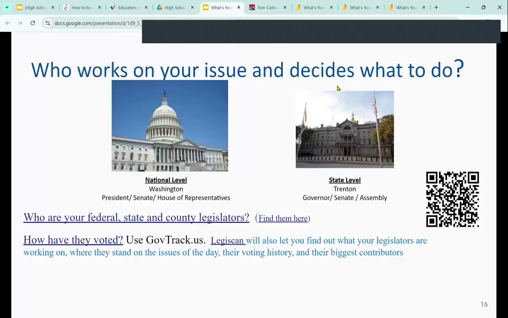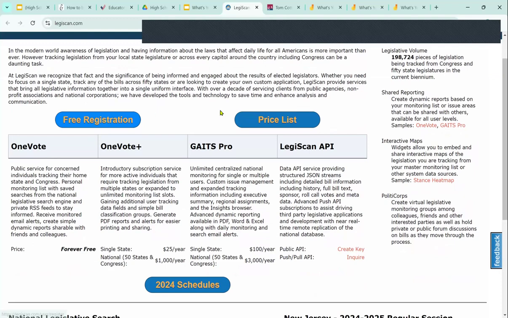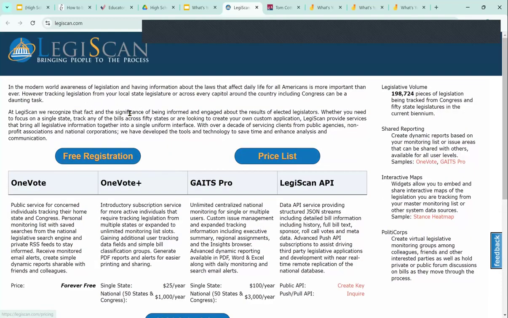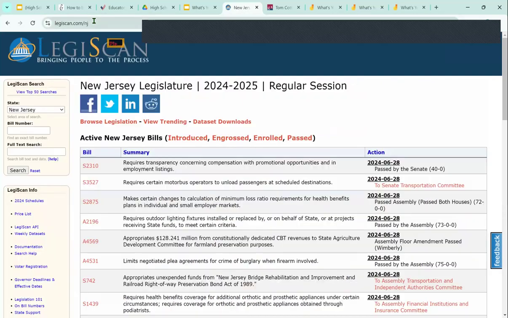And the other thing that you can do is go to Legiscan. And you don't need to pay anything for this. It's free. You can register for free. And then for your state, so Sarah Beth, I'm going to put in New Jersey just because that's where I am. When you put in legiscan.com and then your state, you can find a way to search for all bills.